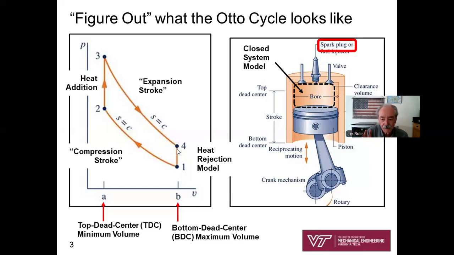You know good and well that in the physical system, we go through an exhaust process where we exhaust the exhaust products out of a valve, and then we come back and we pull in clean air from the surroundings in the intake stroke. But our thermodynamic model is well defined here. 1, 2, 3, 4, 1.